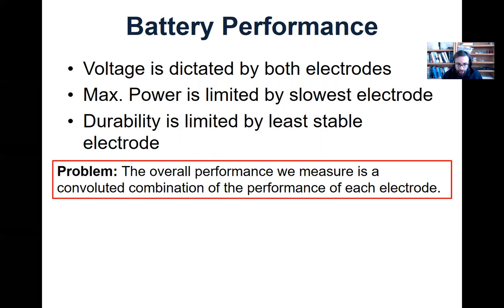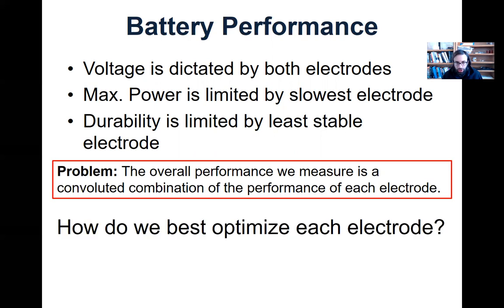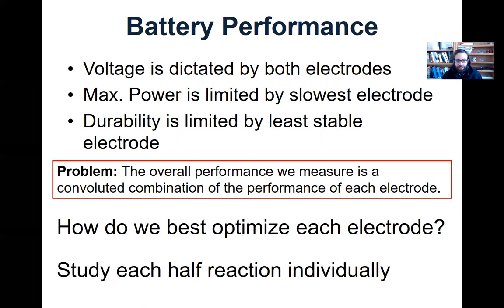And so what electrochemists do is 99% of the time, they're not actually building real electrochemical devices. They're using a tool that allows them to best optimize each electrode to then eventually allow others or themselves, engineers, to make better real devices, okay?